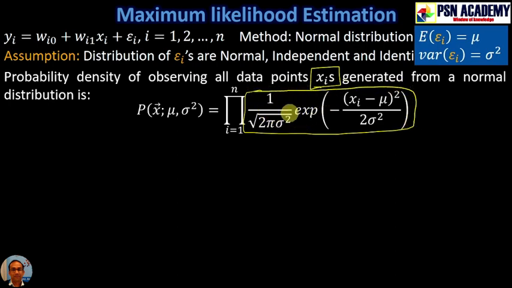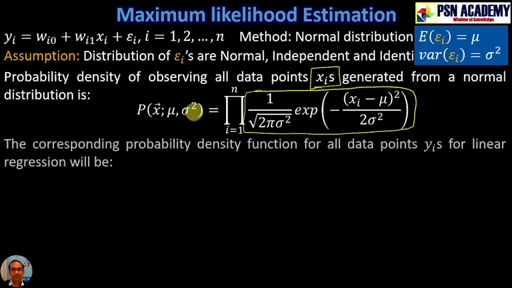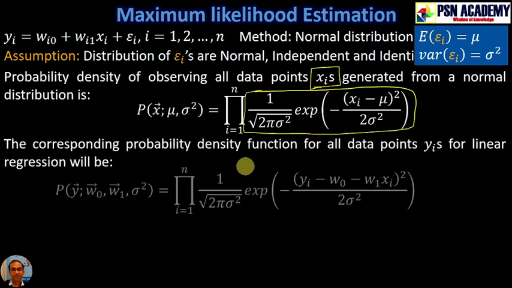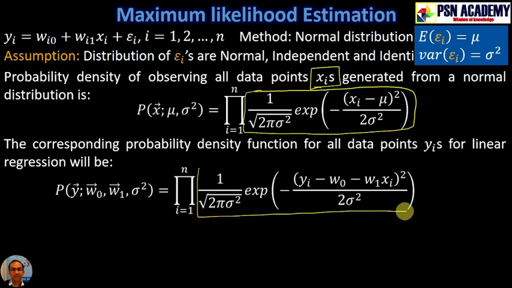Now you multiply all those probabilities up to n, from 1 to n, and you will get a probability density function for the whole data set. Similarly, for our linear regression, we will have the same thing like this. We had this part as the probability for a single yi, and you find out the product of these probabilities of yi's, and you will get the collective probability of your whole data set for your linear regression.